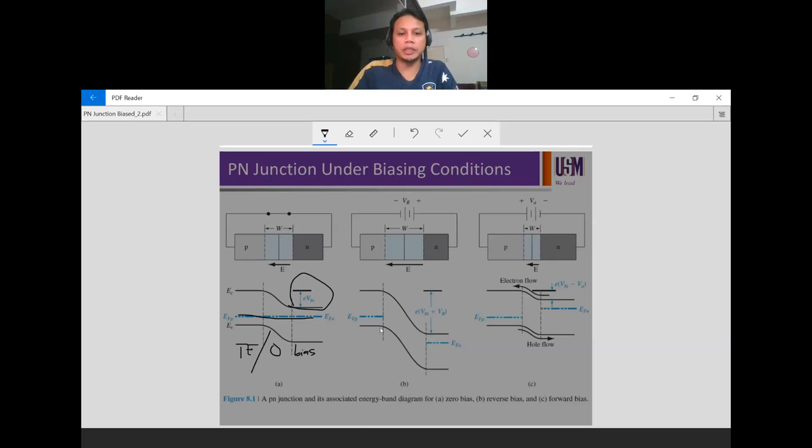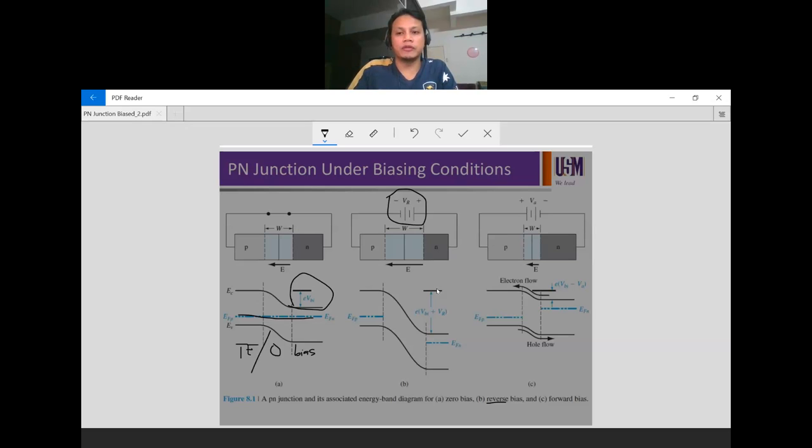So part B is when you apply reverse bias. What is reverse bias? Reverse bias is dictated by your connection.